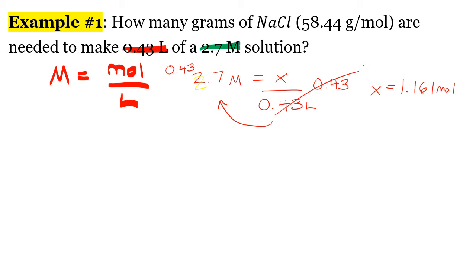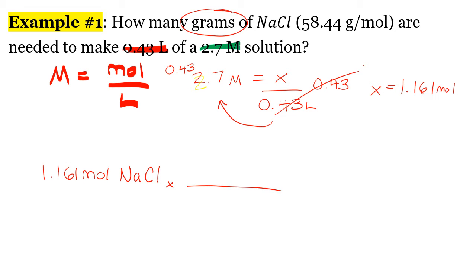And the question's asking us to find the grams. Okay, so if you remember from our stoichiometry unit, we can go from moles to grams by using the molar mass. So let's go ahead and start. So we have 1.161 moles of sodium chloride.